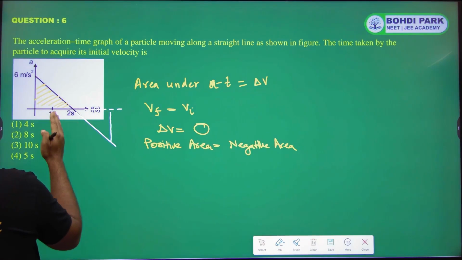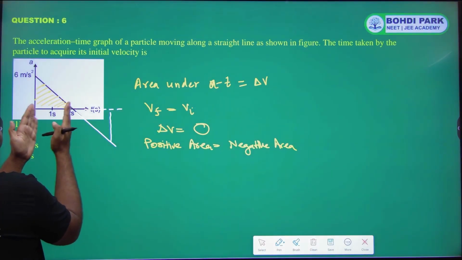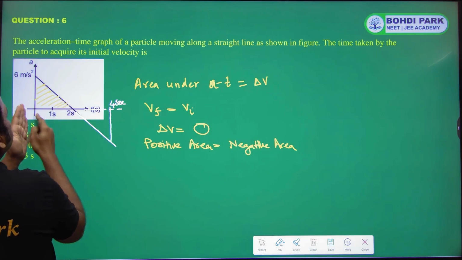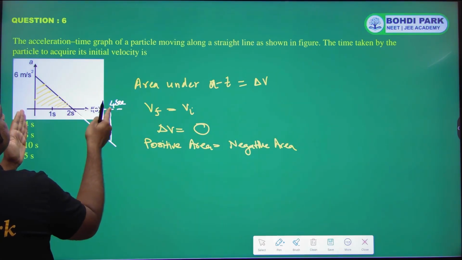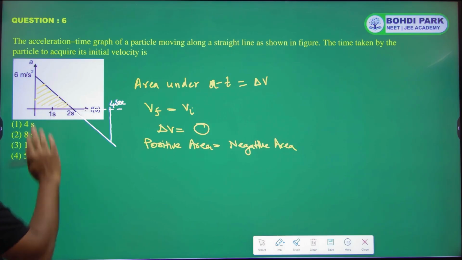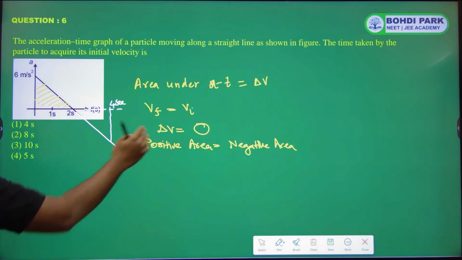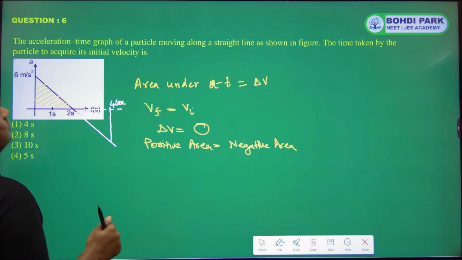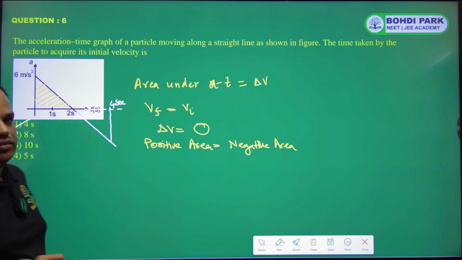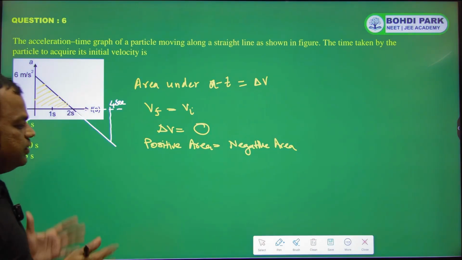Symmetrically we can check, this is 2 seconds, so this is also 2 seconds. So 0 to 4 seconds. At 4 seconds, the total area becomes 0, so delta V becomes 0. So total time taken will be 4 seconds. So first option. Now next question.